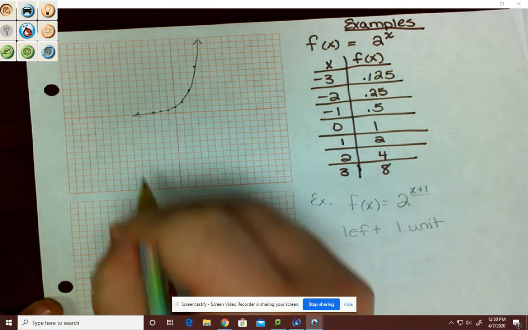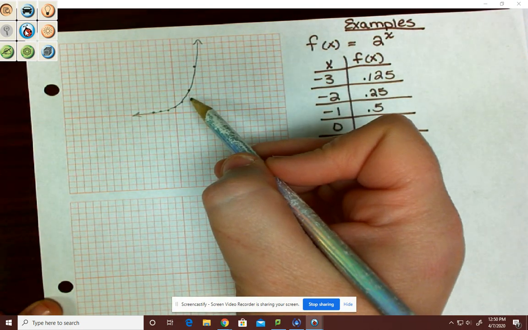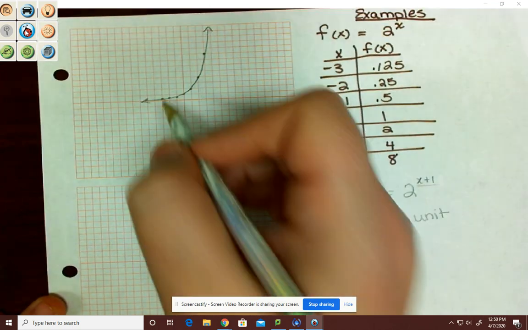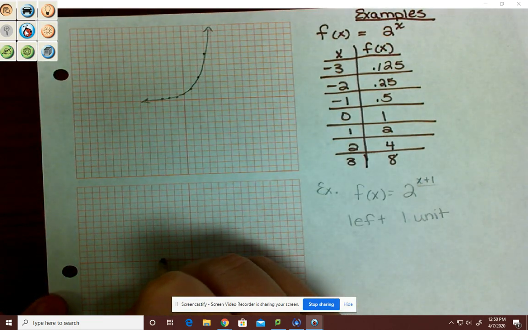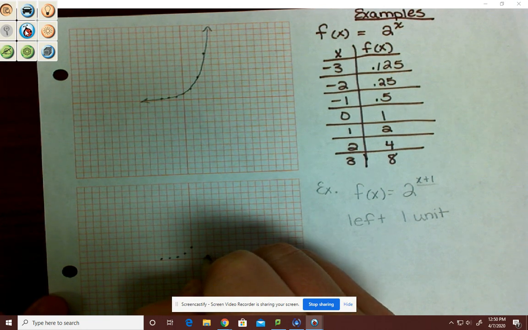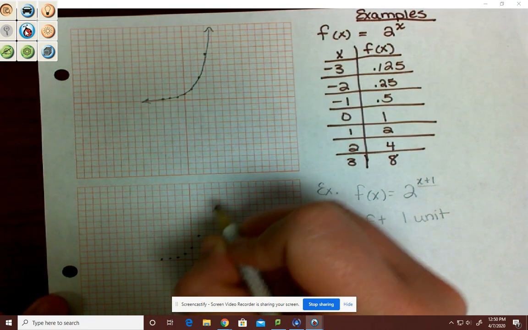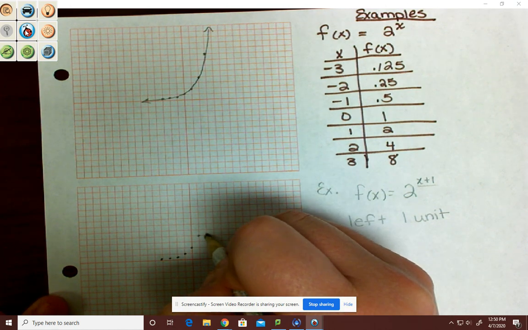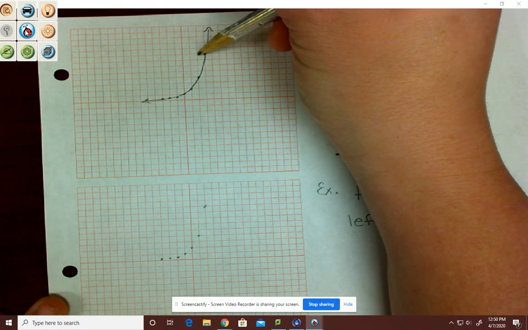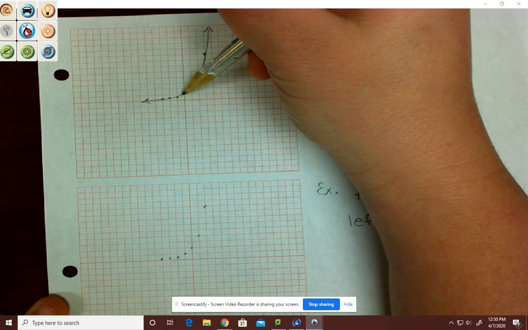So I could do that on this graph with it, or I could do it down here. I'm going to try to do it down here so they don't overlap so much. So I just took every one of these points and I moved them to the left 1.